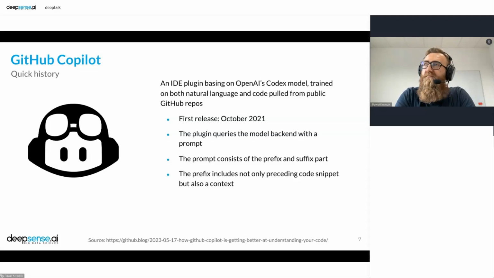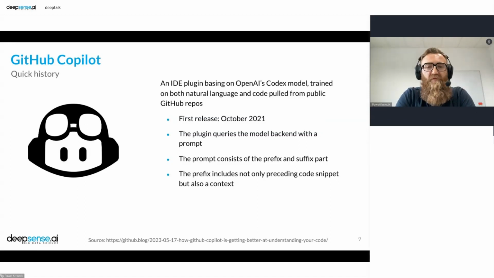The tool works as a plugin to most modern IDEs, Visual Studio Code, JetBrains IDEs. The plugin itself queries completions for our code by building a prompt which consists of a prefix and a suffix part.